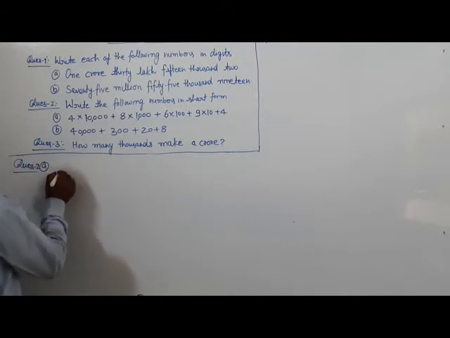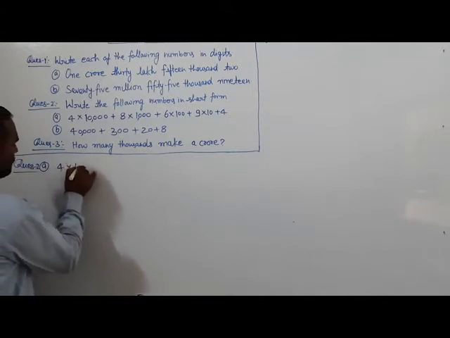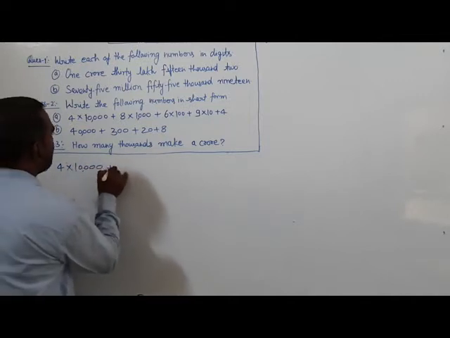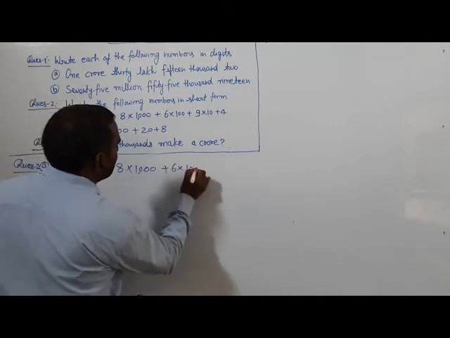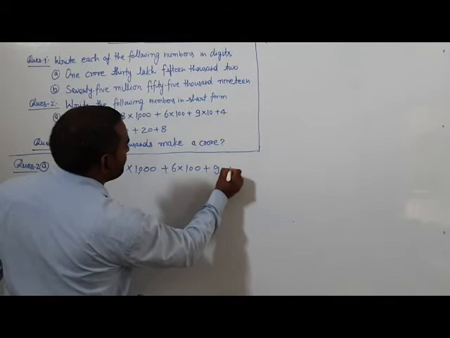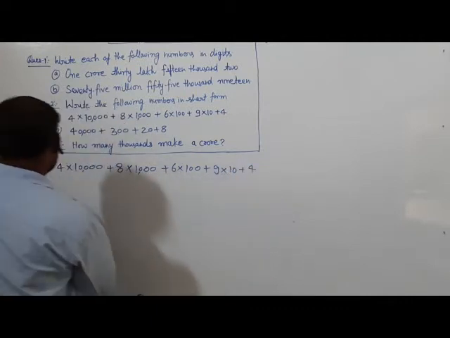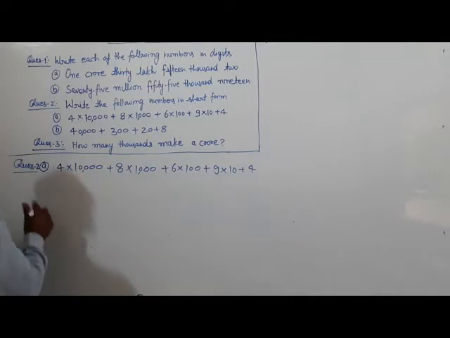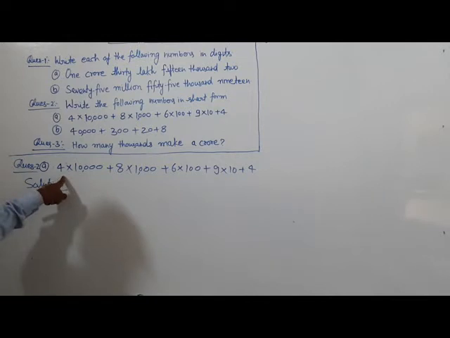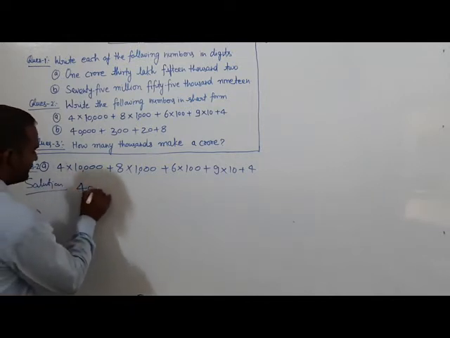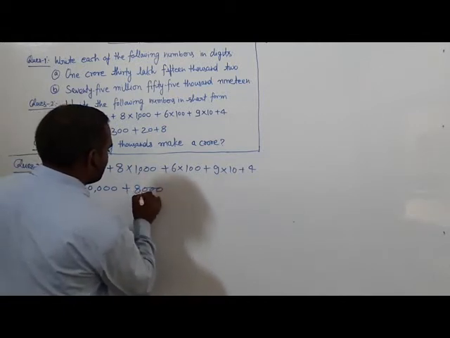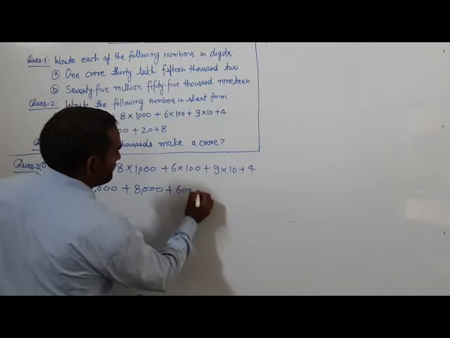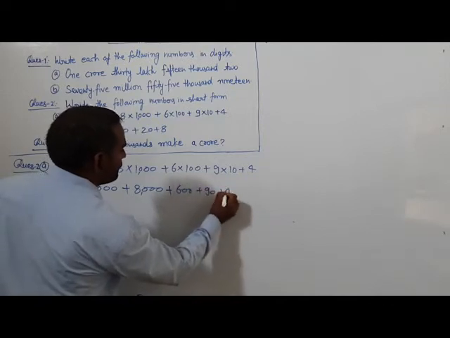What is A? 4 into 10,000 plus 8 into 1,000 plus 6 into 100 plus 9 into 10 plus 4. First of all, we have to multiply: 4 into 10,000 is 40,000, plus 8,000, plus 600, plus 90, plus 4.